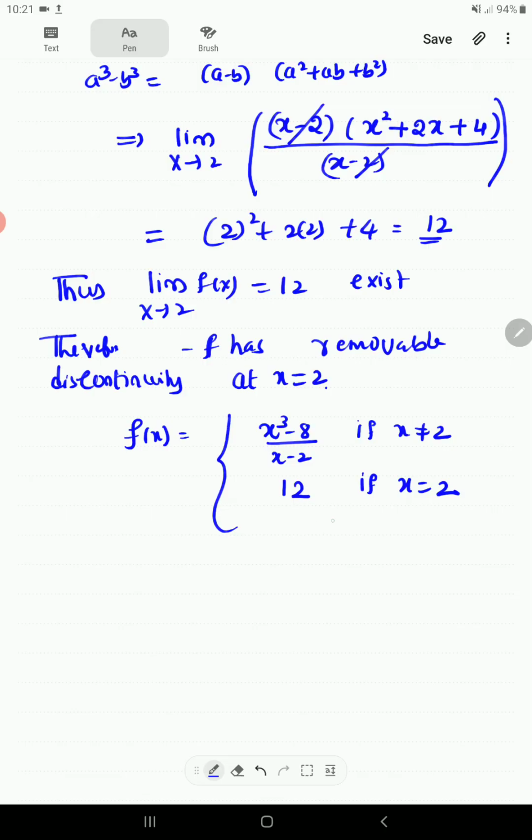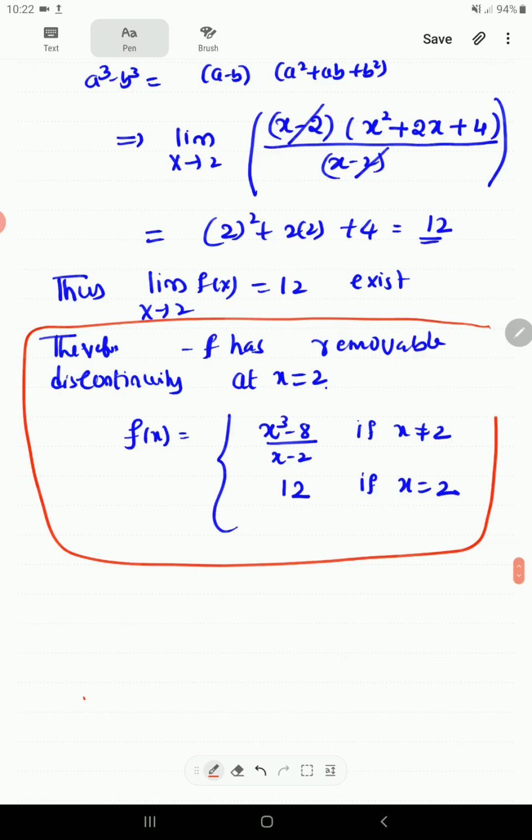In order to remove that removable discontinuity, I am redefining this function this way. So this is another example for your removable discontinuity.